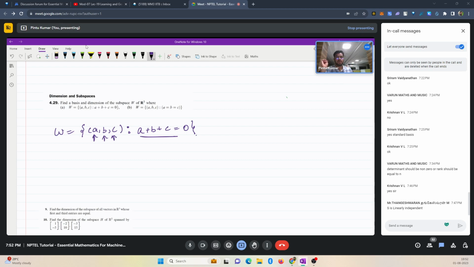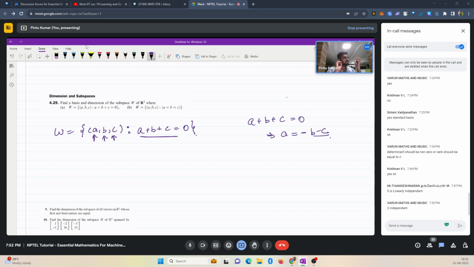If you look at this equation A plus B plus C equals 0, you can transform it as A is equal to minus B minus C. So if you fix your B and C, then your A is already determined.